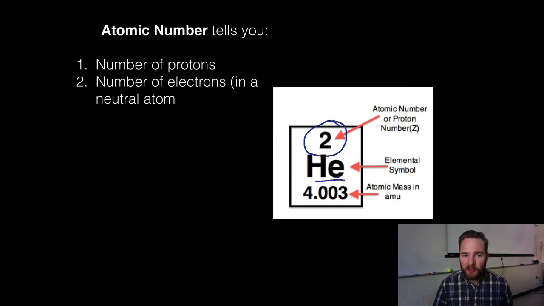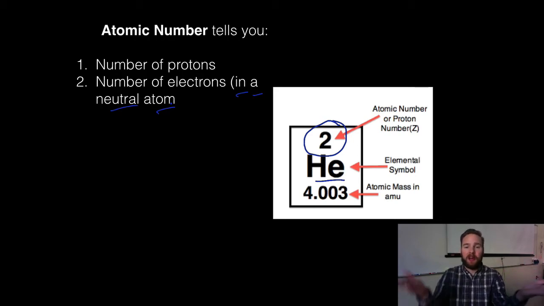It also tells you that it has 2 electrons. Now, little asterisk right there, it says in a neutral atom. We'll talk more about this as time goes along, but the atom has to have a 0 charge because there's an equal number of protons and electrons. That would give us a neutral atom. So atomic number tells us both of those things.